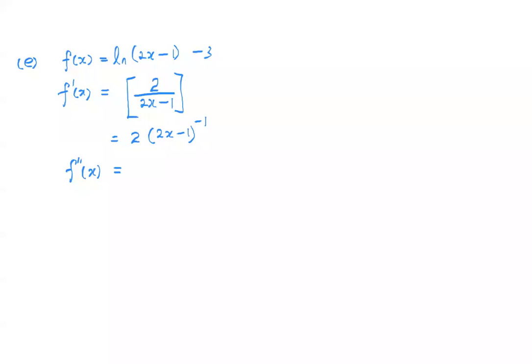So this will be multiplied by the power take away 1, times by the derivative of inside. So if you don't write this step, you straight away write this, I will give you full mark as well. Because there are people who can do this straight away. So when I mark, it is 1 mark, 1 mark.